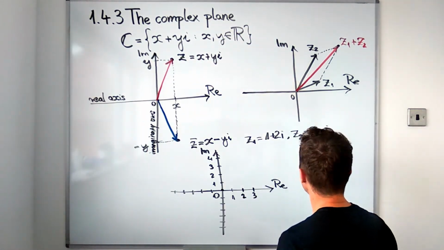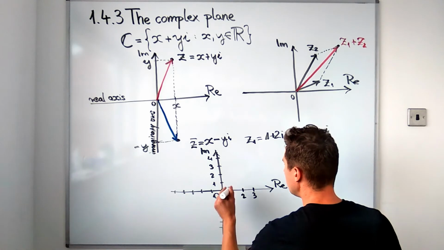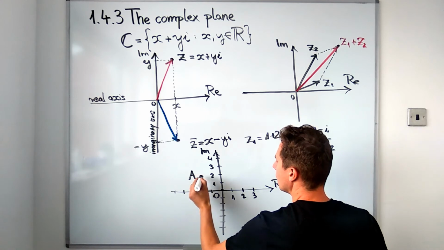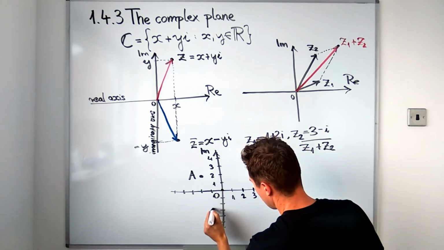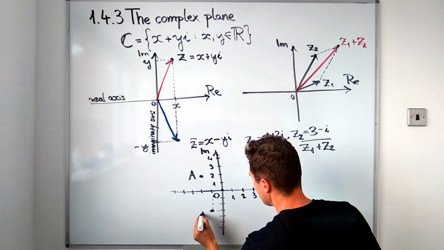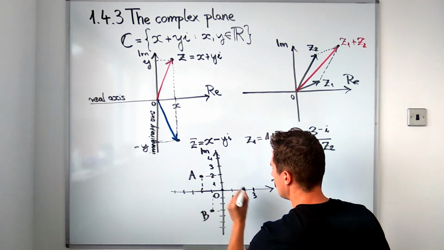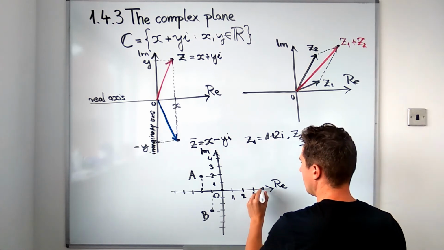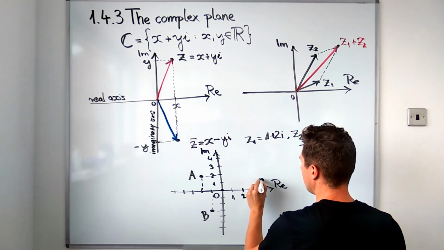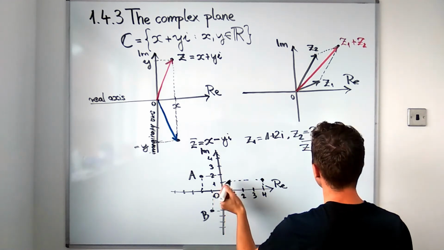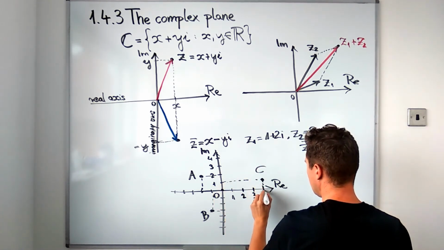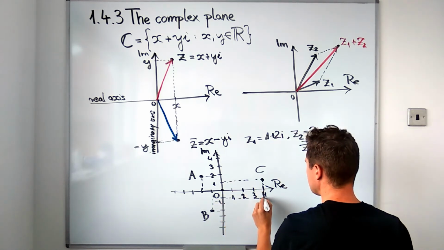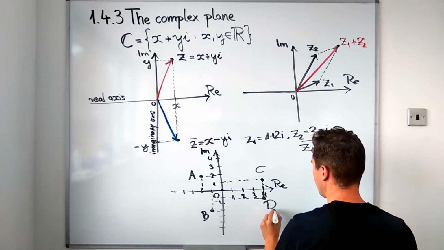The first option I'll label with A. So this point would be A. This point over here is B. Okay. Then my next point would be over here. This is point C. Okay. And finally, down 1 unit of distance from the real axis, here is point D.